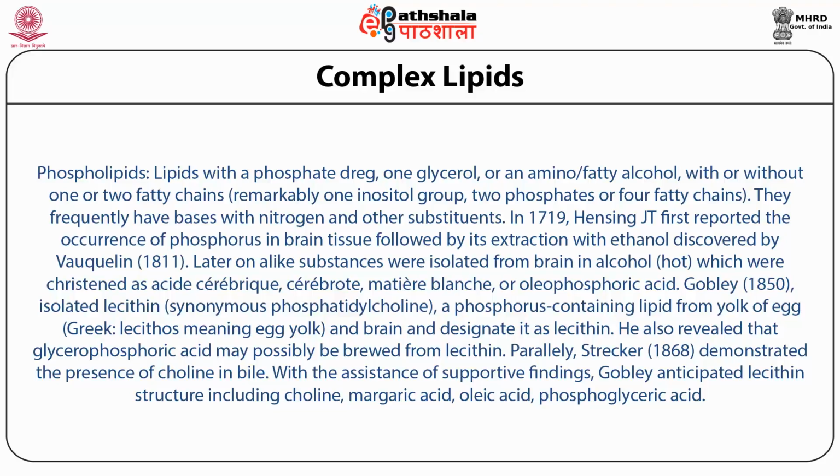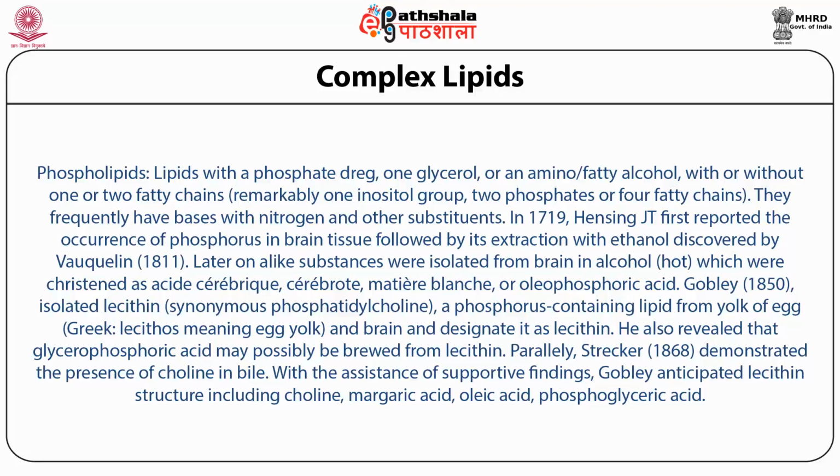Hensing in 1719 first reported the occurrence of phosphorus in brain tissue, followed by its extraction with ethanol, which was discovered by Vauquelin in 1811. Later, similar substances were isolated from brain in alcohol, which were further christened as acide cerebrique, cerebrotomatere blanche, or oleophosphoric acid.